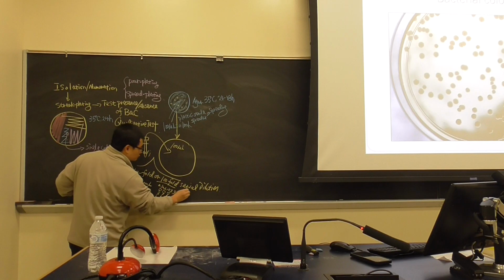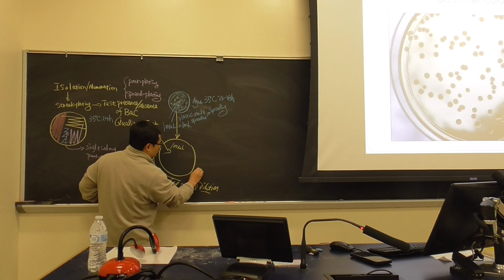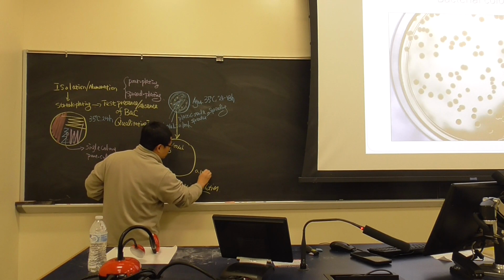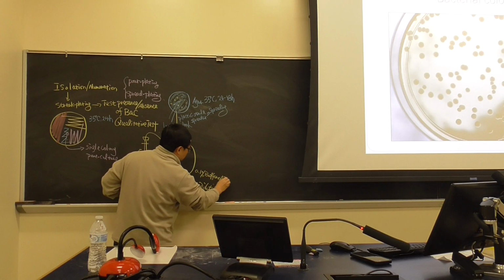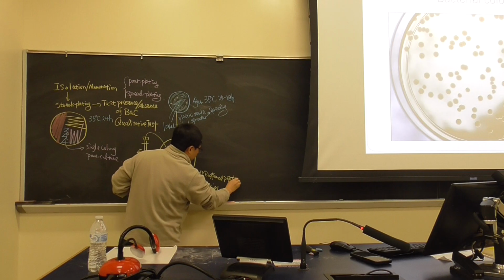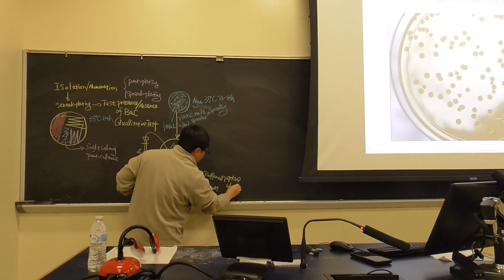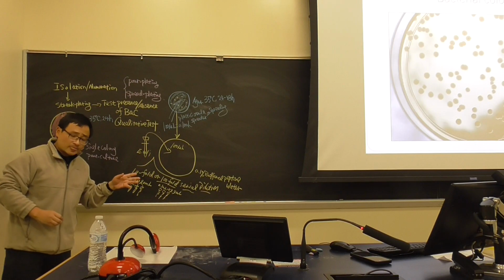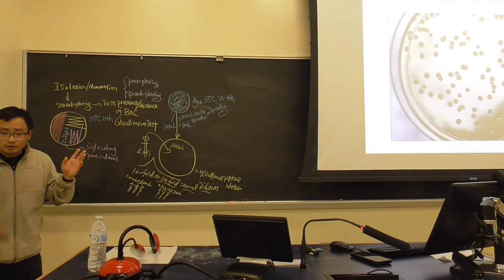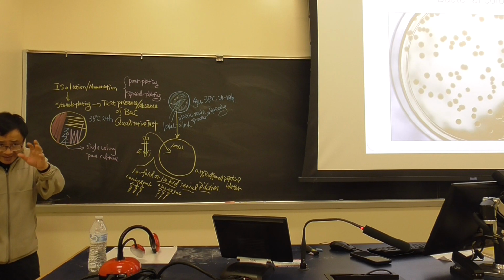Now, what's the solution we're using? 0.1% buffered peptone water. It's a dilution, because we want the bacteria not to lose their osmotic balance.